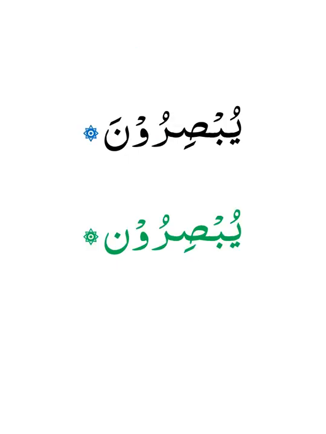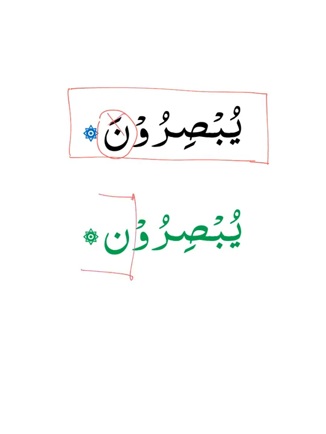So you've got this example here. Come on, children, let's read it together. Yubsiruna. So can you see? It ends with a noon with a fatha. No round ta, no fathatain, no alif, no standing fatha. So what do we do? We remove this fatha, like here. There's no fatha here, can you see?